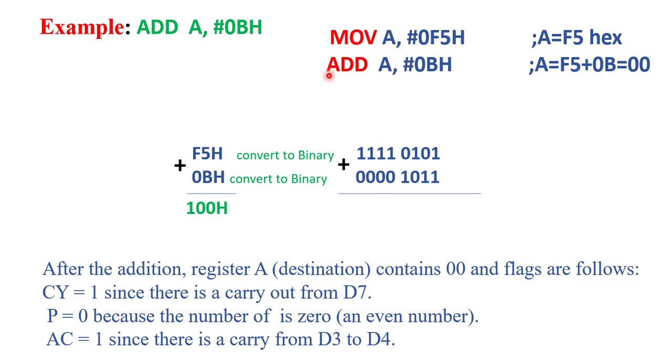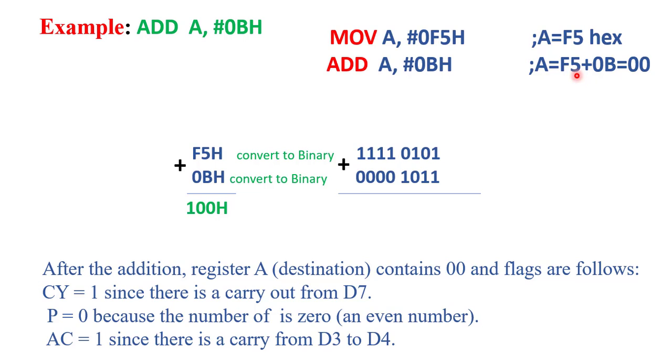Now the instruction is ADD A, #0BH. So this instruction tells that we add this immediate data with the content of the accumulator. The content of the accumulator is F5 and the immediate data is 0B, and the result is stored in the accumulator register.